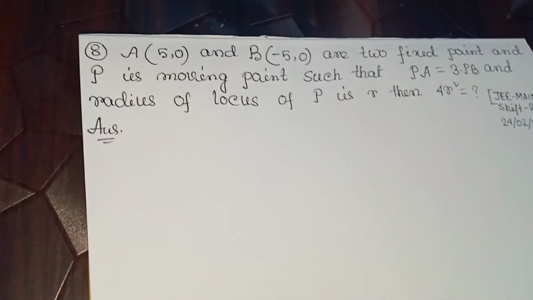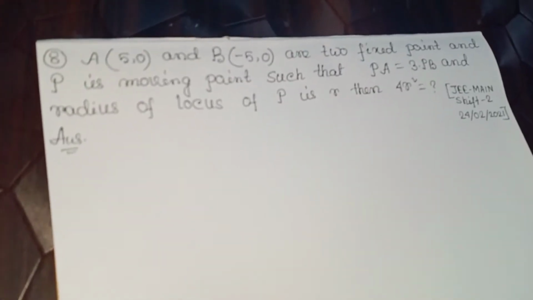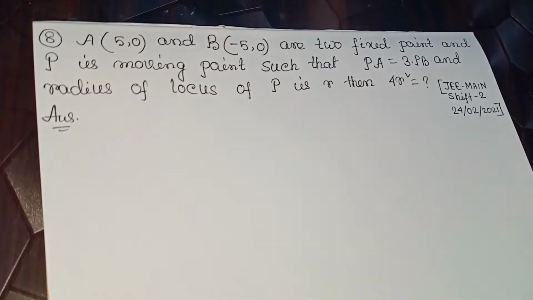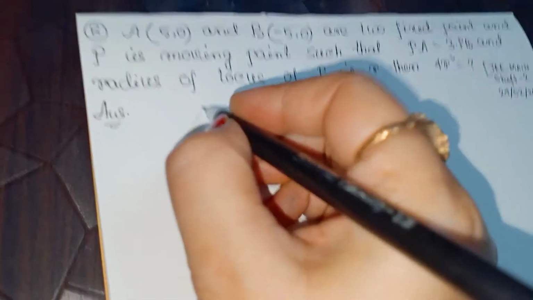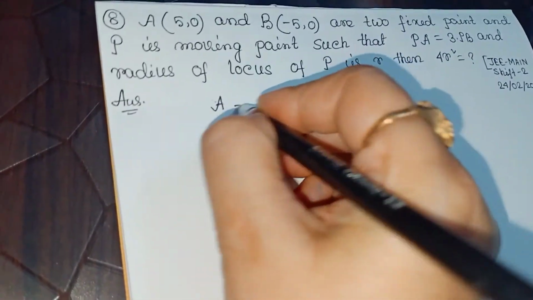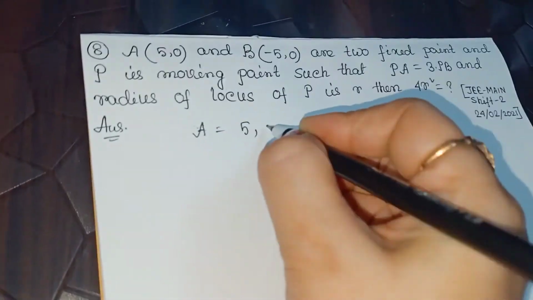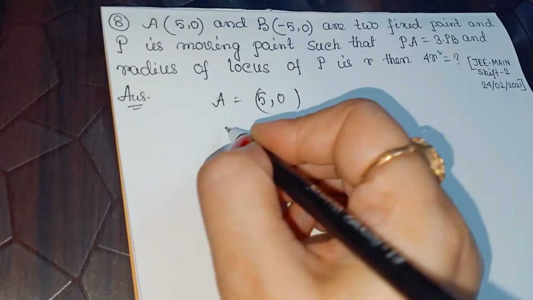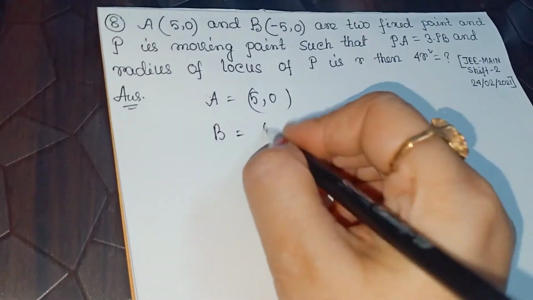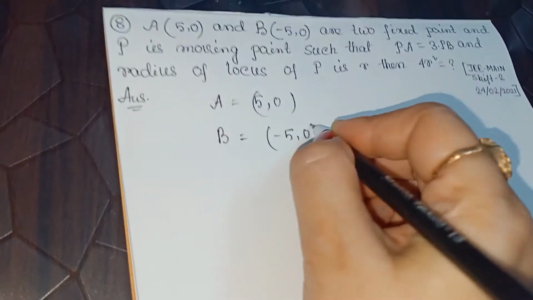So at first, the question provides the 2 points, which are A and B. The point A is equal to (5,0) and B is equal to (-5,0).